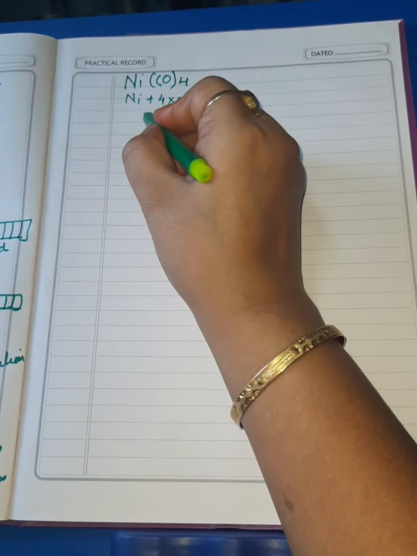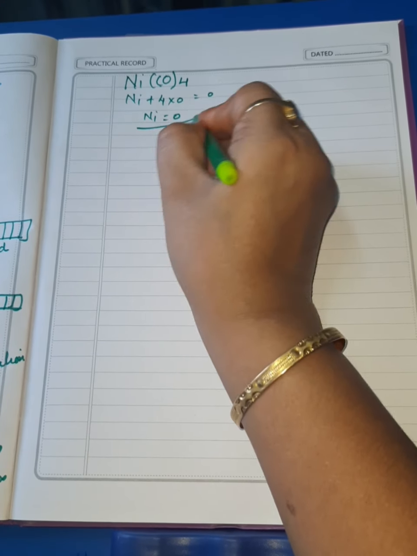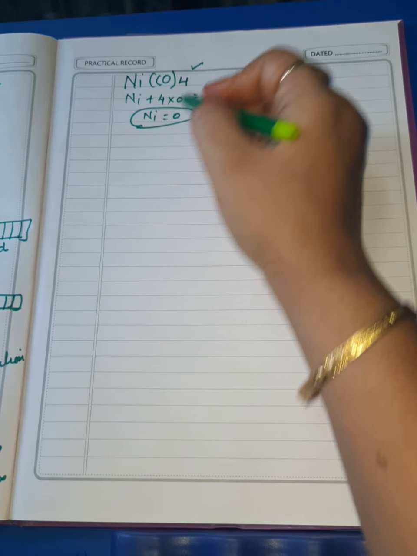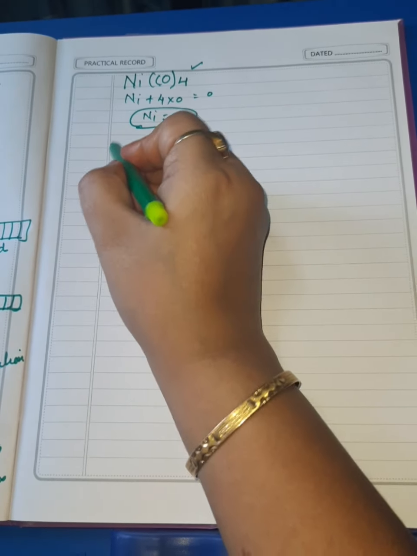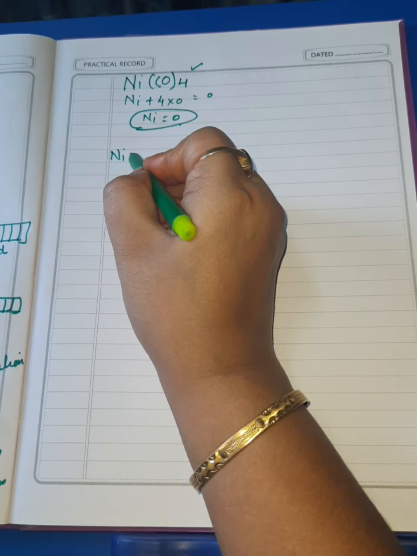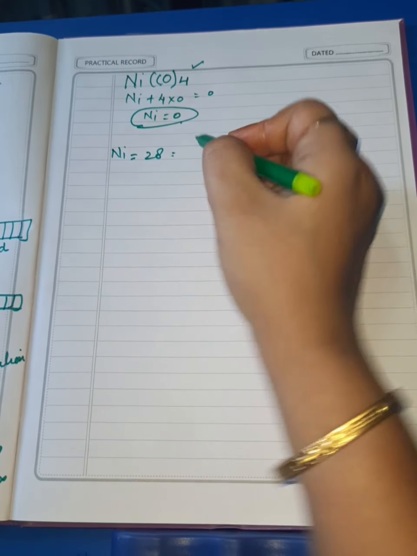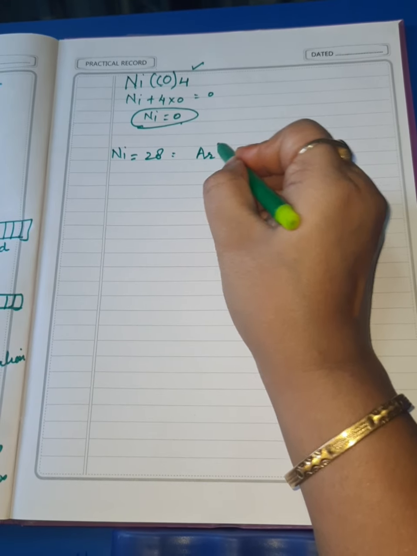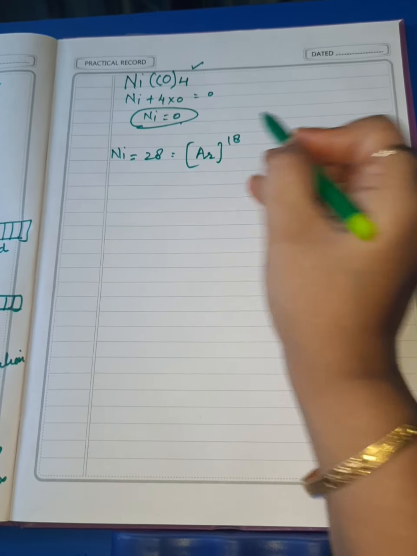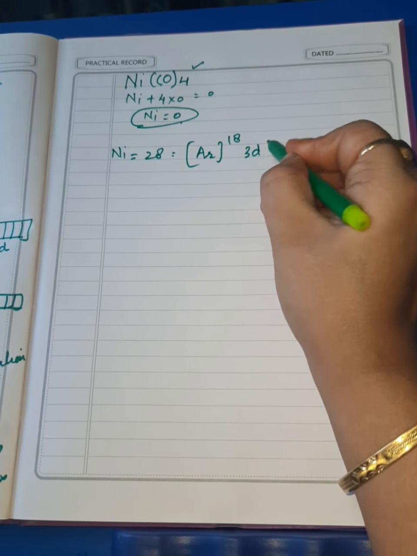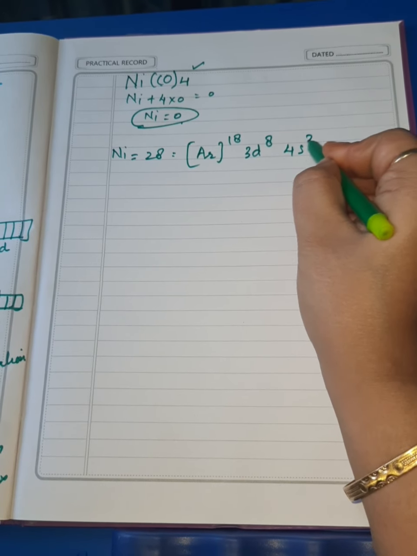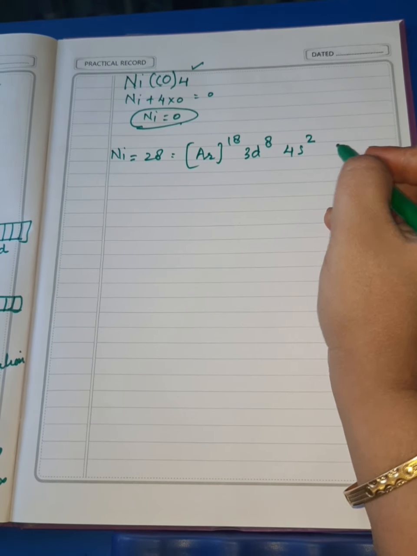So nickel's oxidation state is 0. That means nickel forms this complex in its 0 oxidation state. Nickel's atomic number, I hope you all know, is 28. 28 means till argon it is 18, and then we have 3d8 and 4s2. Got it?